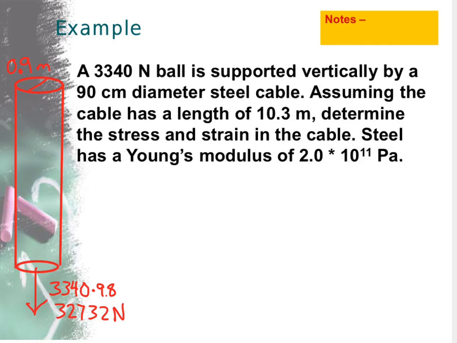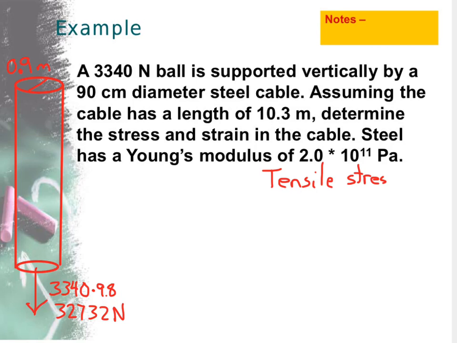That's a pretty big cable, first of all. It's supporting a ball down here, and that ball exerts a force equal to m times g. So the force that this ball exerts is 32,732 newtons. So I want to calculate, first of all, the stress that this force is causing on our cable.